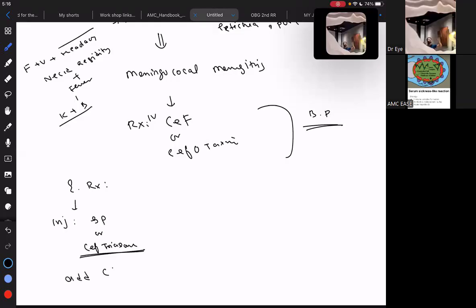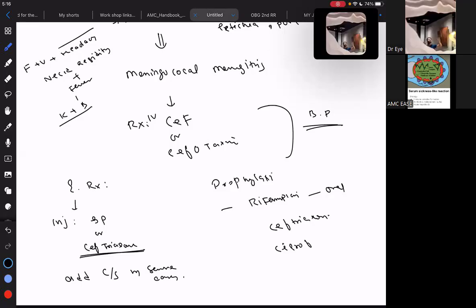And please add corticosteroid in severe cases. For the prophylaxis, you can go for the rifampicin, which is taken orally. Ceftriaxone is another option, IV, or ciprofloxacin.